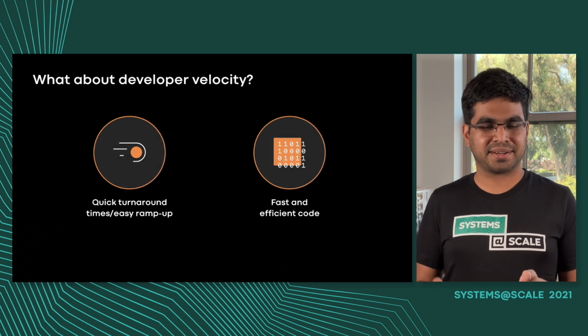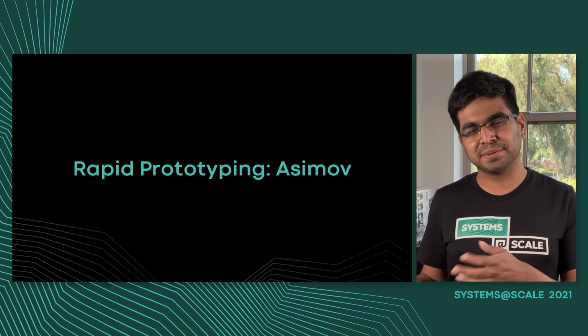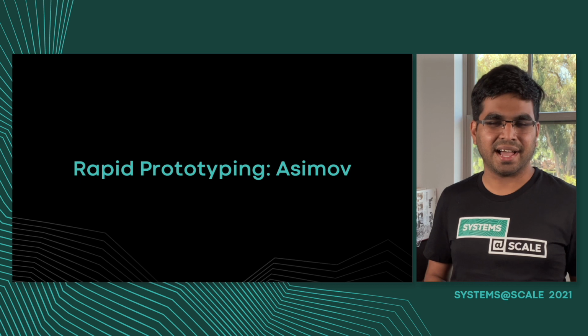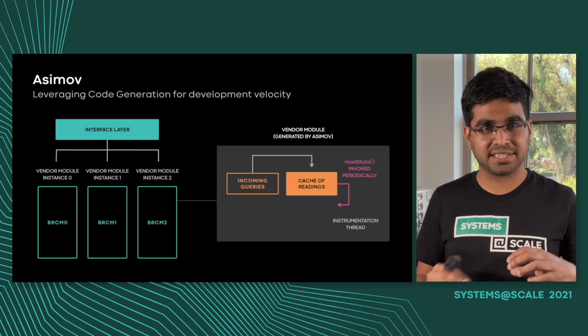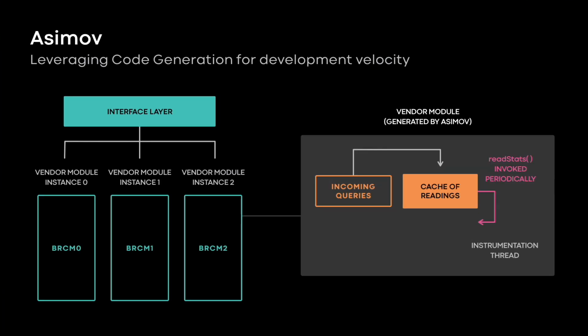So that's where we built the next technology or tool, which is called Asimov. And Asimov essentially is a specification language which allows us to generate the monitoring modules for Asicmon. So if you look at the internals of Asicmon, we have a module that's specially designed for running on an accelerator.